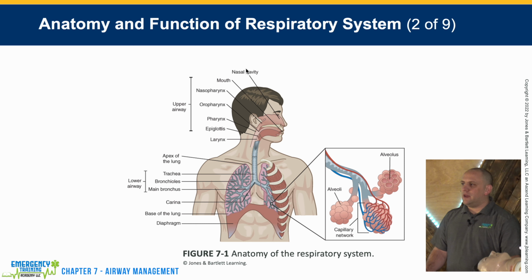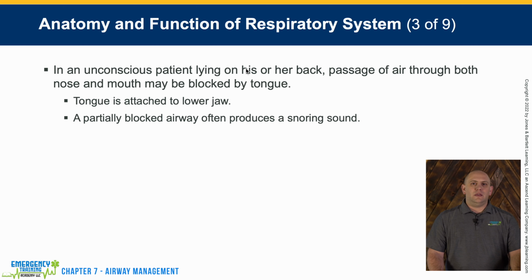We also use the diaphragm, which is the dome-shaped muscle between the chest and abdomen, and then all of our accessory muscles throughout the chest.